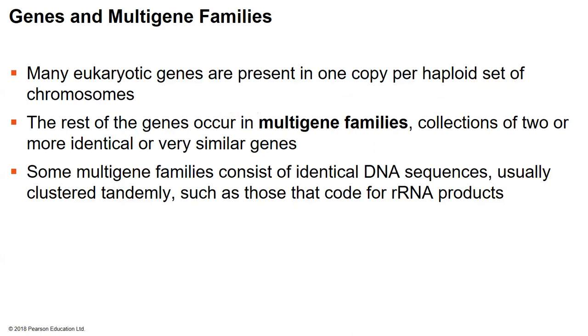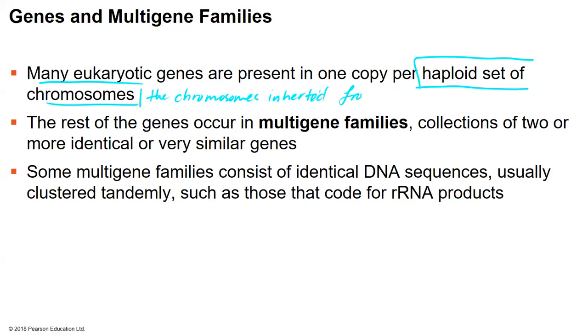So what is meant by the haploid set? This is basically the chromosomes inherited from one parent.